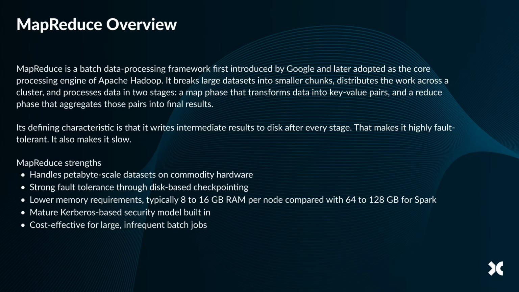MapReduce Overview. MapReduce is a batch data processing framework first introduced by Google and later adopted as the core processing engine of Apache Hadoop.